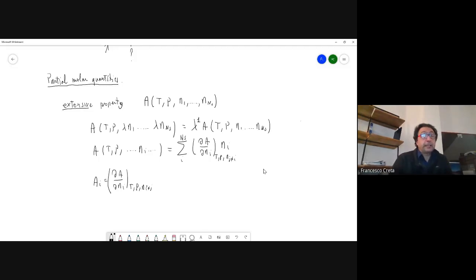This will be called the partial molar quantity referred to A. So if A is like the Gibbs energy, then it's going to be the partial molar Gibbs energy. So let's put it under a box just to say that this is a definition. Now we'll see what this means.